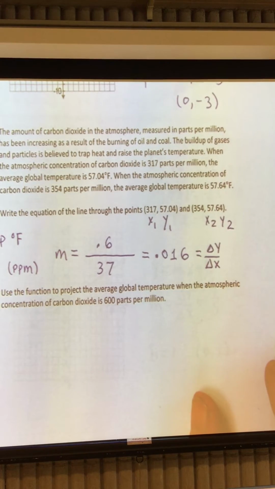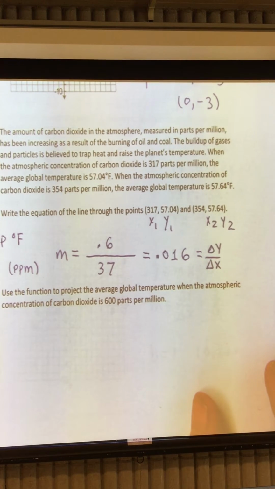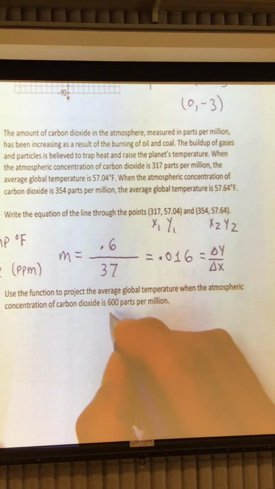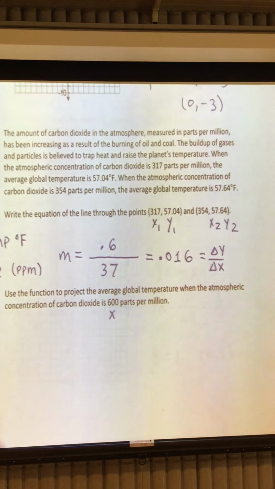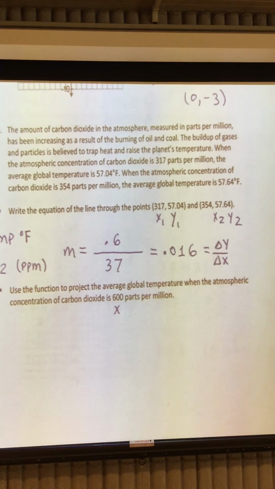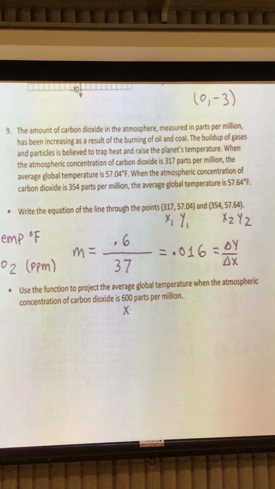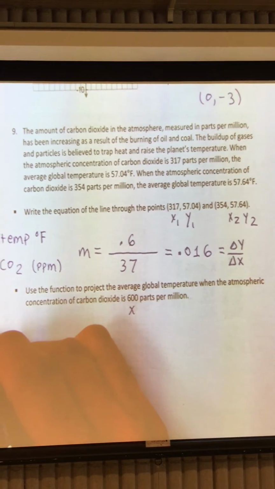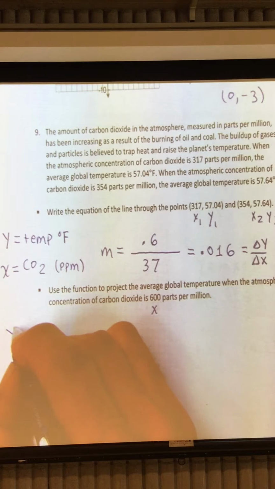Use the function to project the average global temperature when the atmospheric concentration of carbon dioxide is 600 parts per million. So this is a value of x. And to do that, we need to finish the first part and write our equation of the line. So we'll use the point slope form.